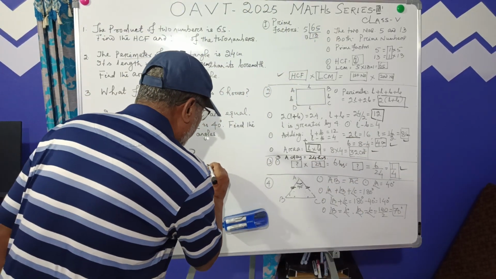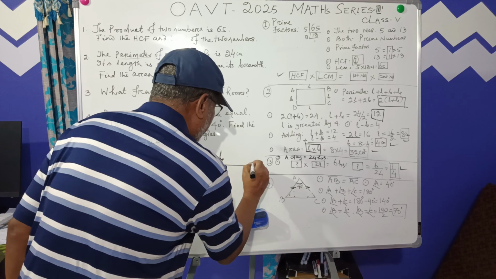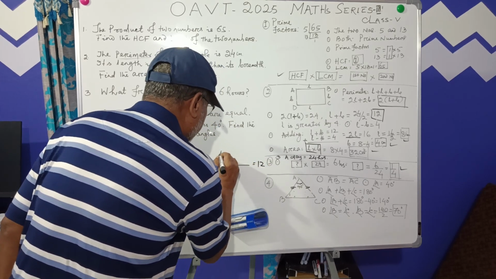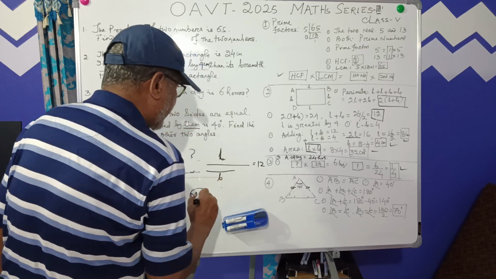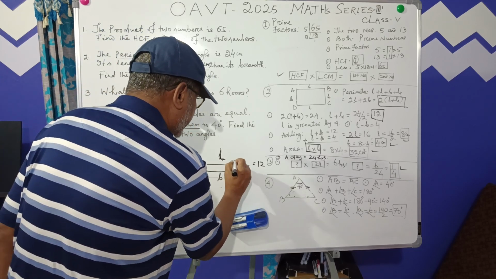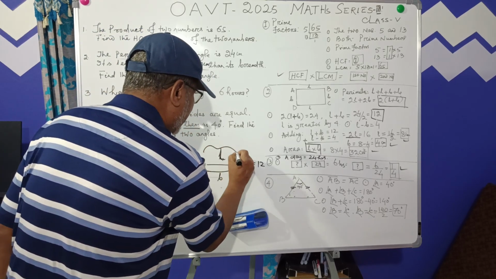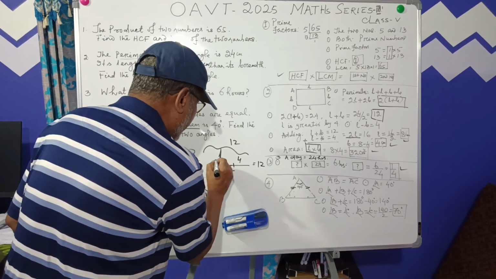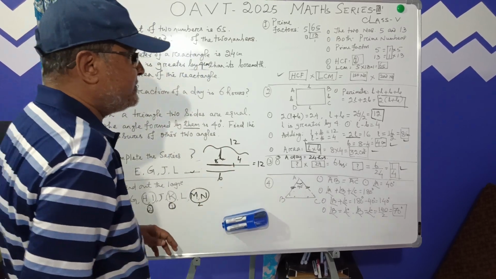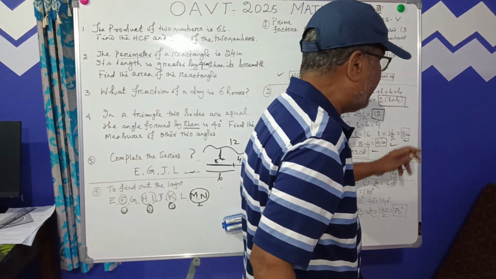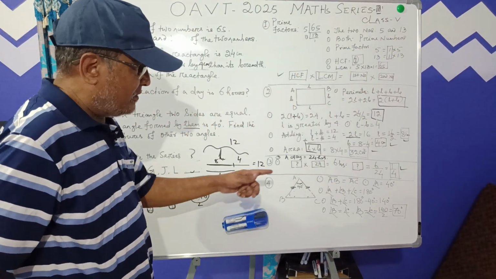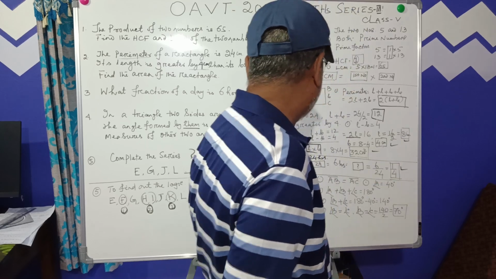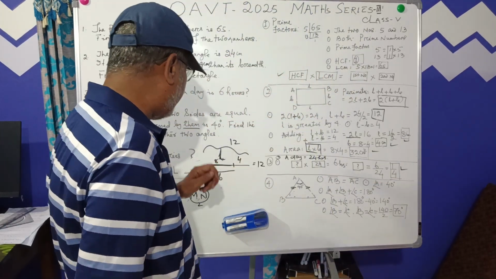So this is your length, equal to 12 cm. This is L, length, and this is breadth, and it is greater by 4 cm. Total is 12. So now length is 8. Now length is 8 cm, and what is the breadth?